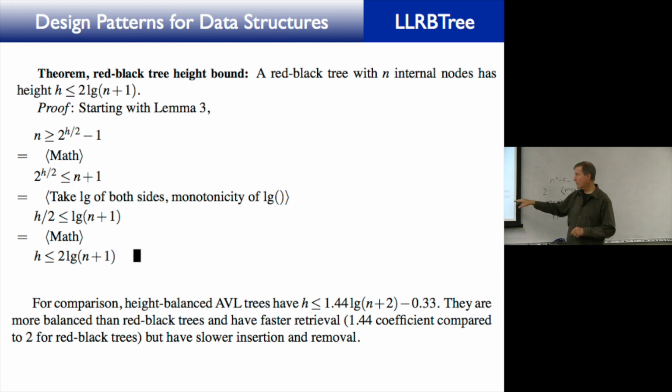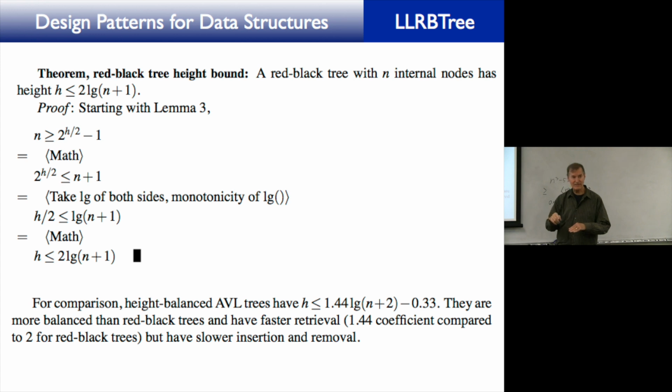And then we compared this with the height balanced AVL trees. Also log n. All these balanced binary trees are all log n. But look, it's 1.44, so the constant is smaller. So for doing contains, it's big theta of log n, but it's faster.